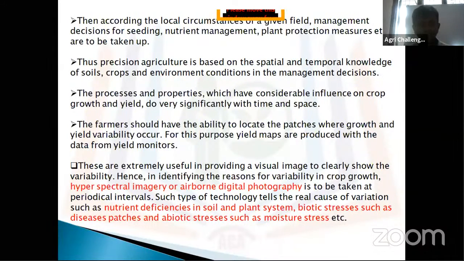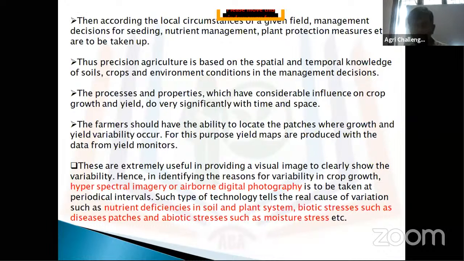He must locate, within the one hectare area he has, which part has very slow growth, which part has very good, nice, vigorous growth. He must be able to identify those patches of differential growth, that variability.